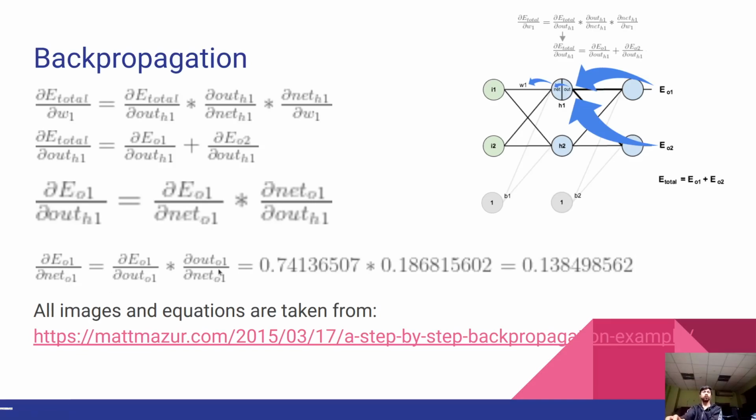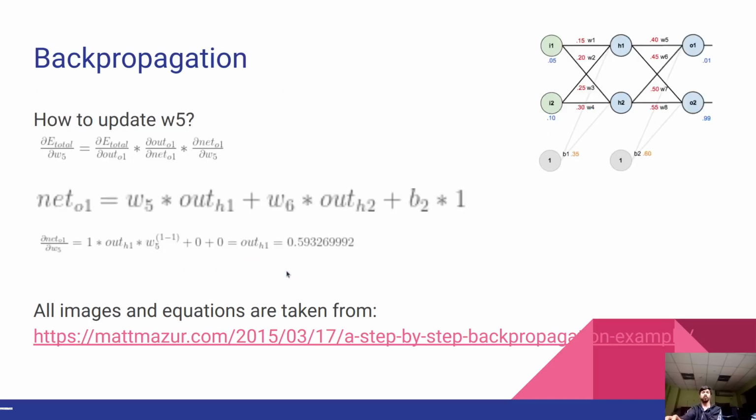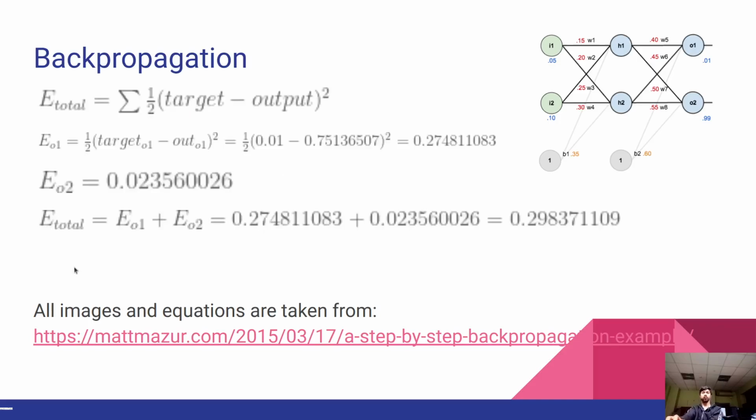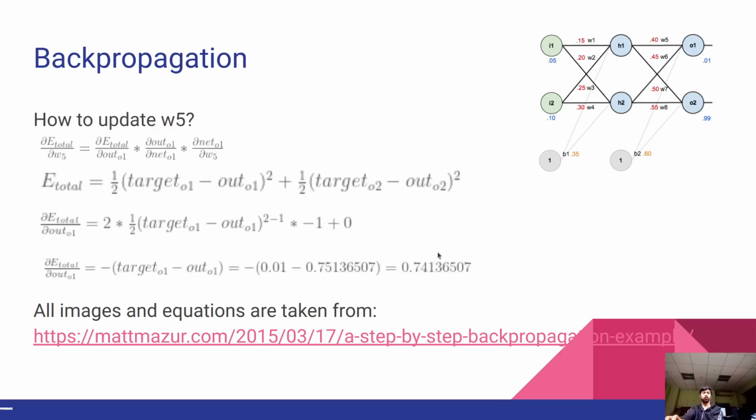If we calculate the derivative of EO1 with respect to out O1, we have calculated this earlier, 0.7413. I will just show this one: E total with respect to out O1.